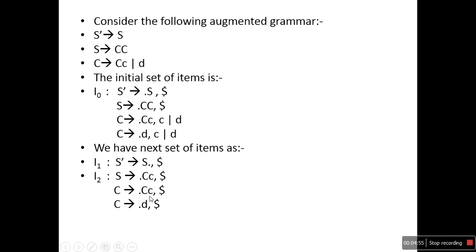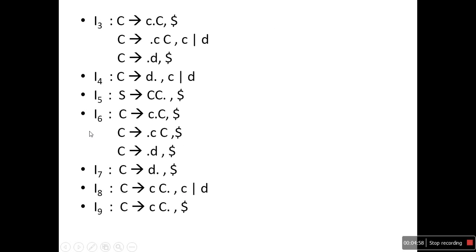Now I'm going to perform goto on S → ·CC. If I perform goto on this I will get I6: S → C·C, $. Once I perform the goto process, I immediately have to perform closure. Closure is nothing but writing all the productions starting with the symbol following the dot. What is following the dot? C is following the dot.